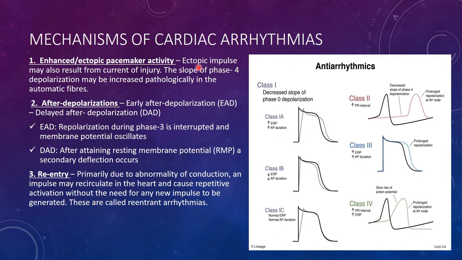Let's see the mechanism of cardiac arrhythmias. First, there is enhanced or ectopic pacemaker activity. Ectopic impulse may also result from current of injury. As a result, the slope of phase 4 depolarization may be increased pathologically in the automatic fibers.